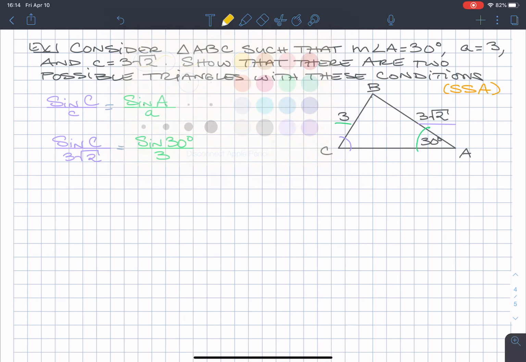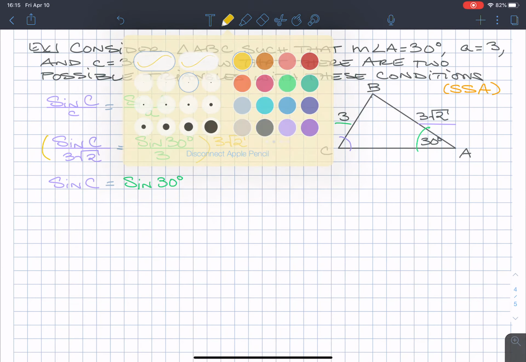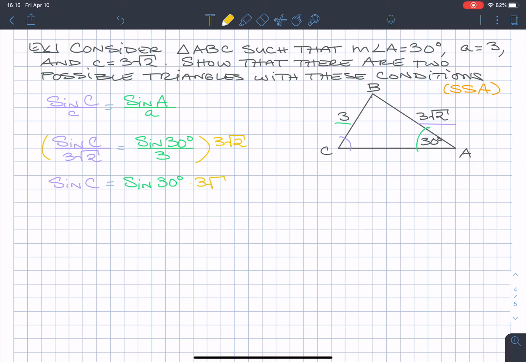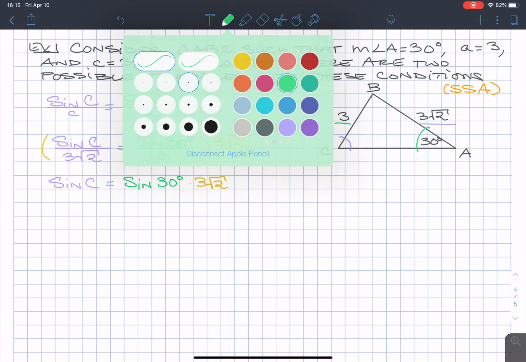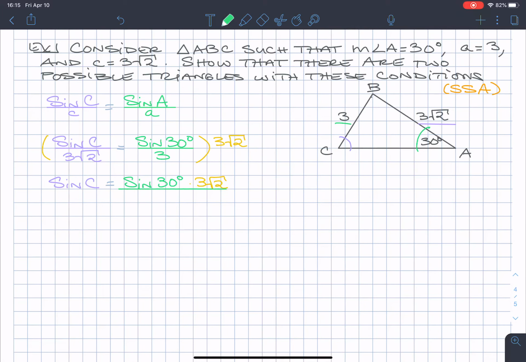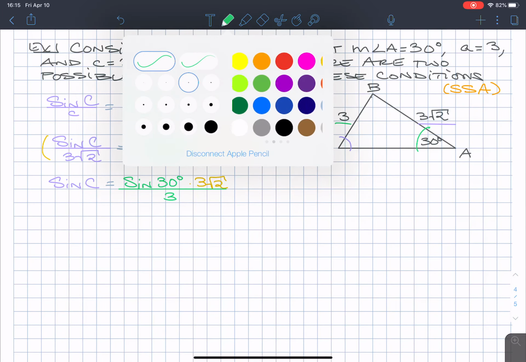Okay, so of course I want to cross multiply by 3 square root of 2. So I get that sine of angle C is going to be equal to sine of 30 degrees times 3 square root of 2 divided by 3. Okay, so the 3's reduce at this step.